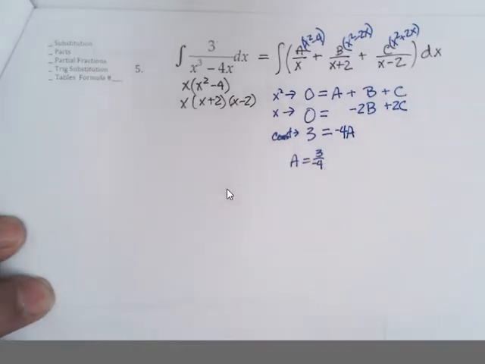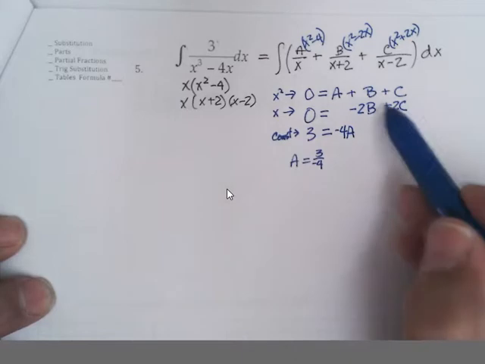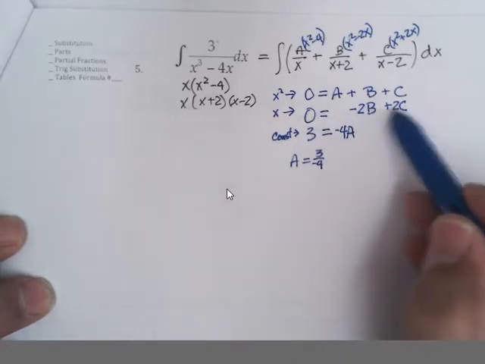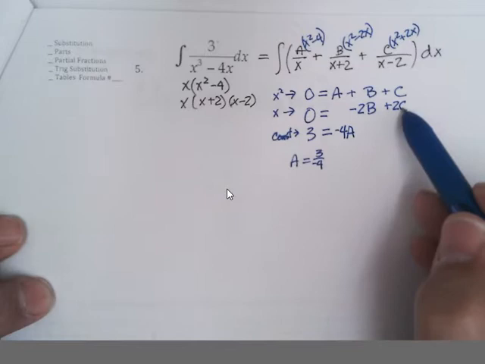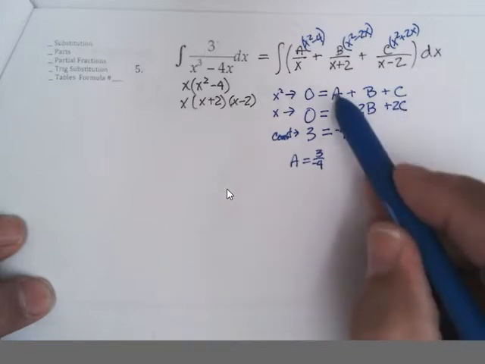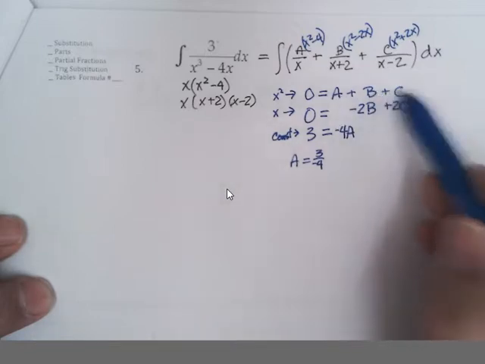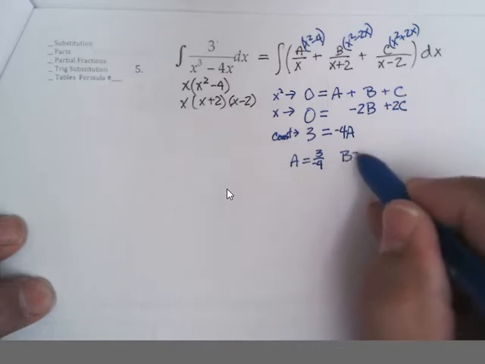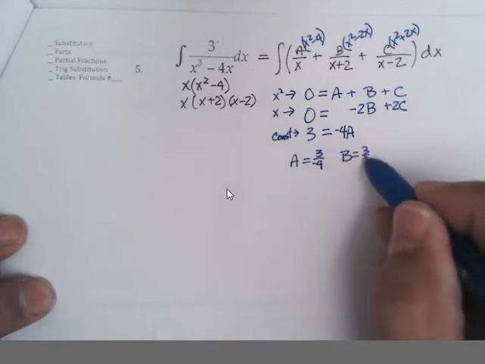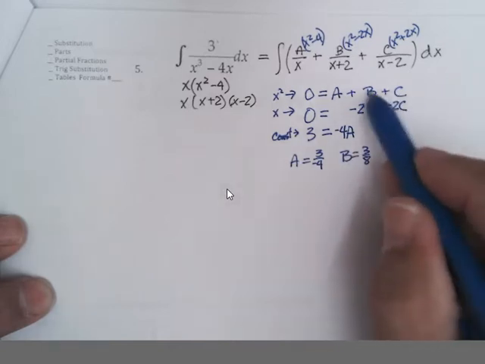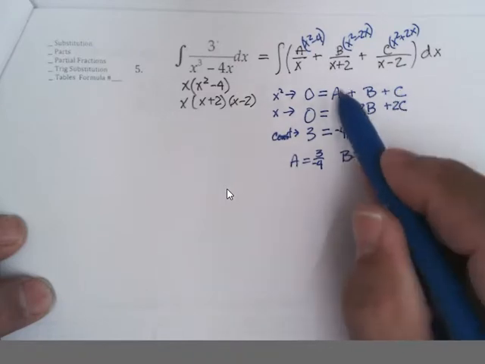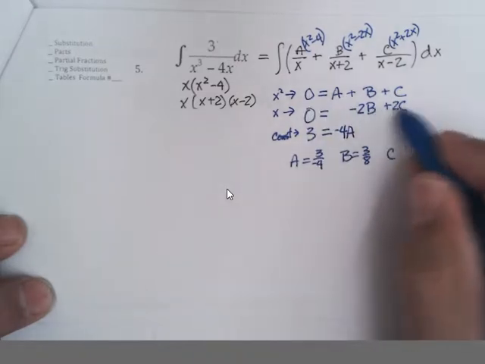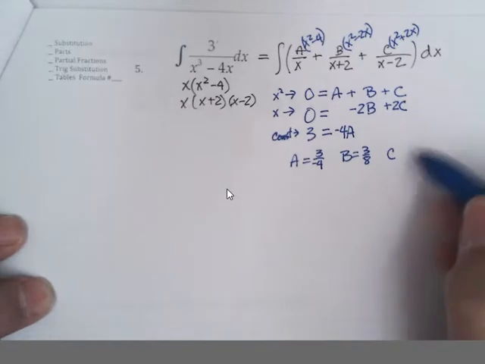Negative 3/4. This is telling me, if you divide everything by 2, that b and c are equal, and if a is negative 3/4, b and c have to be 3/8 each. Half 3/8 plus 3/8 is 3/4, plus a negative 3/4 is 0. This is telling us that b and c have to be equal.